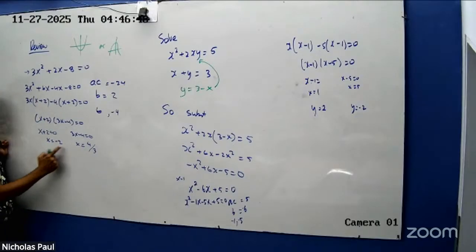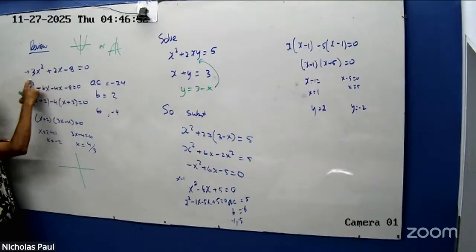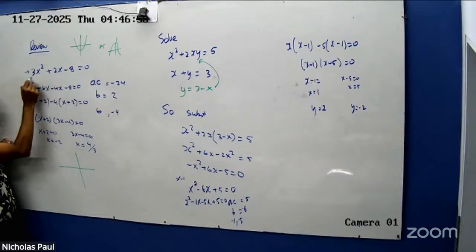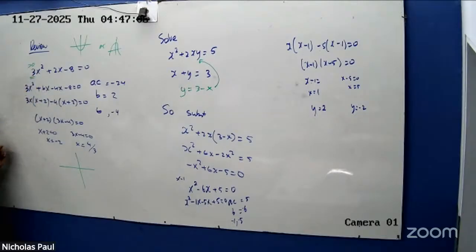If I give you a quadratic, by the way, is this quadratic max or min? Max? No. Because the value in here is more than 0. When A is more than 0, we have a minimum.